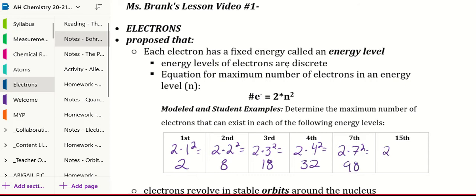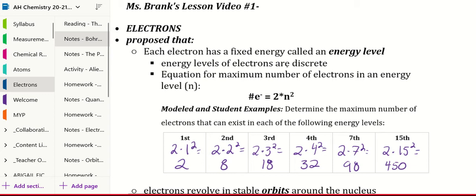And for the 15th energy level, 2 times 15 squared is 450. So, what do we use this equation to find?